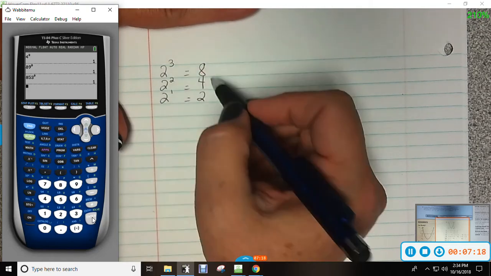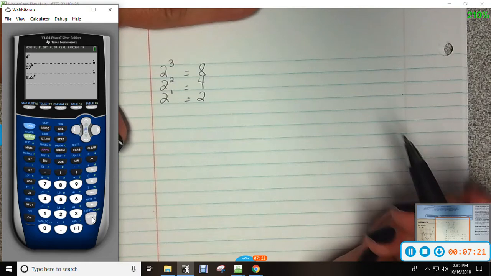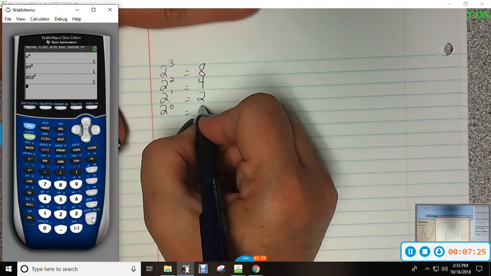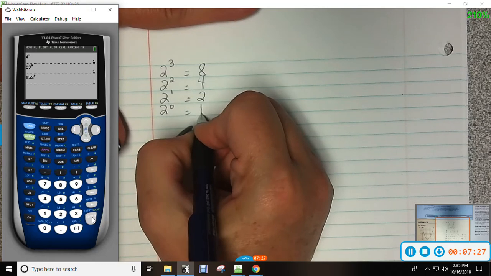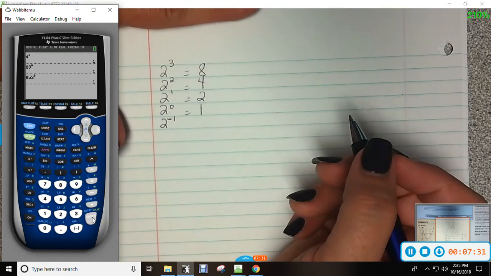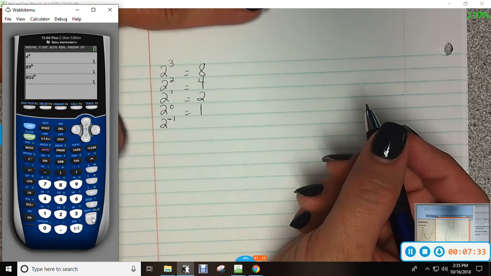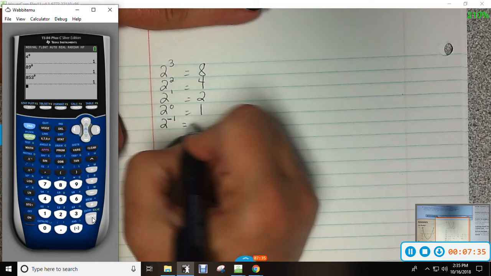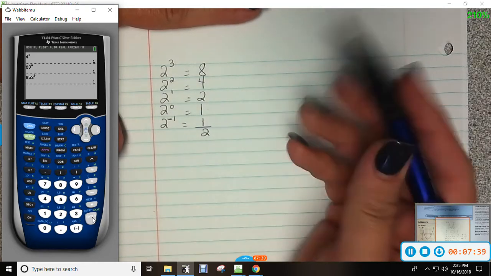Each time I'm cutting those in half, right? So now 2 to the 0 power, cut this one in half, you get 1. If you do 2 to the negative 1 power, and we're going to talk about this later in chapter 6, I believe it is, but that ends up giving me 1/2, which is half of that previous one. It's part of a pattern. Okay, so that's why it works that way.